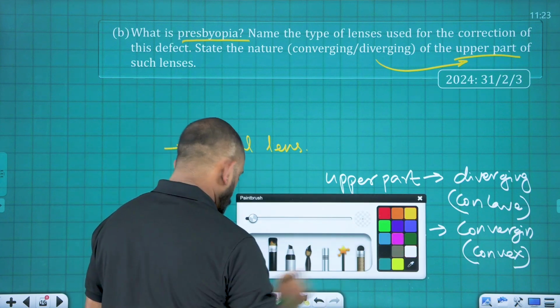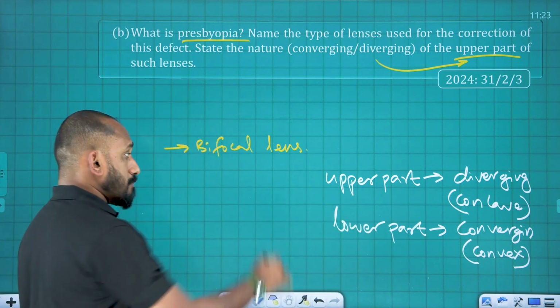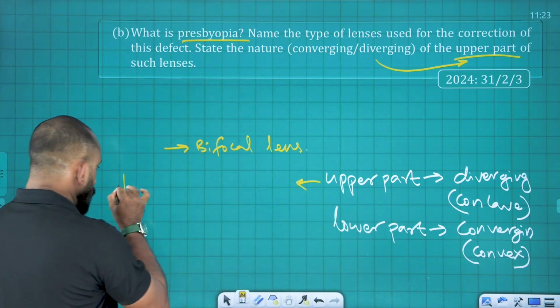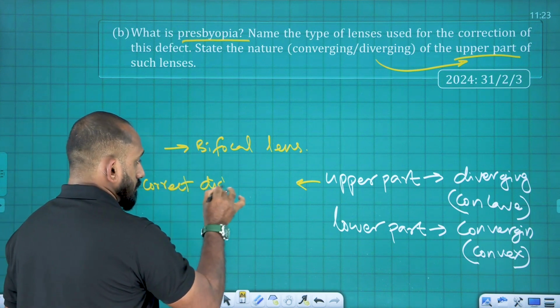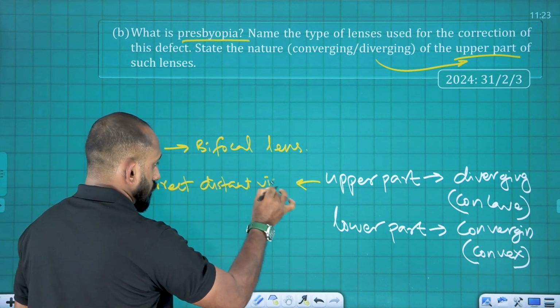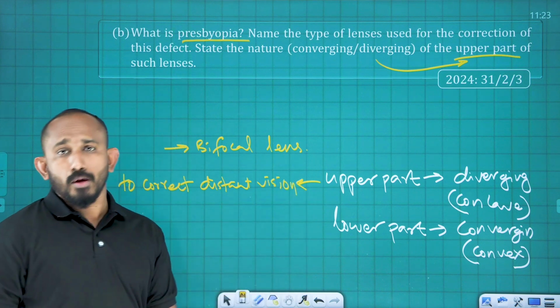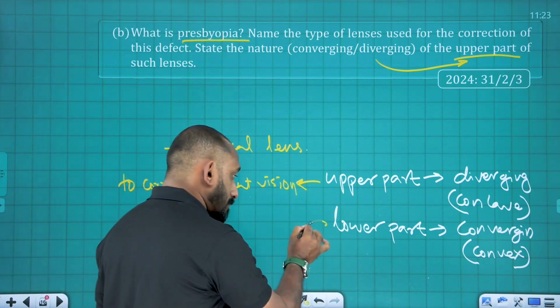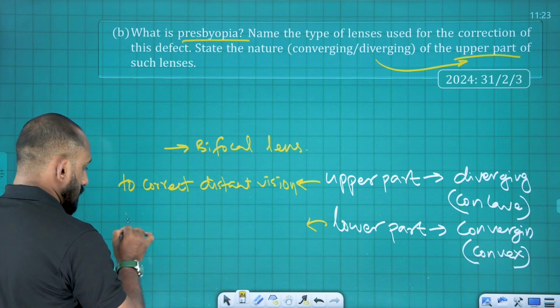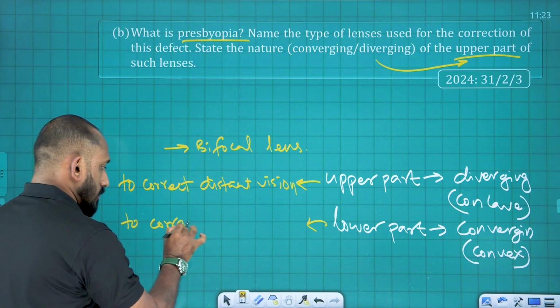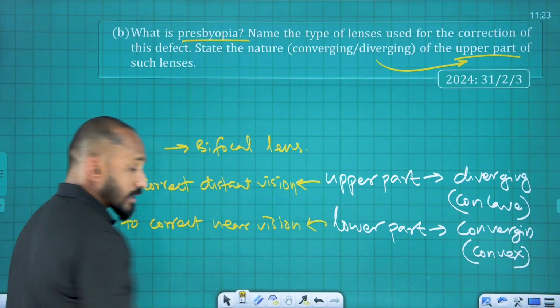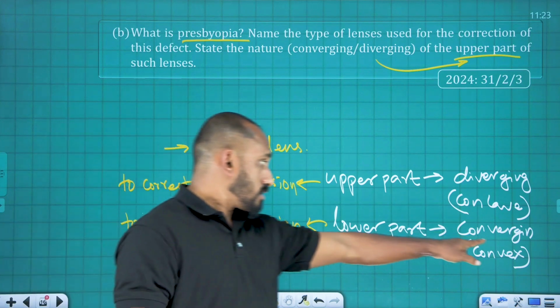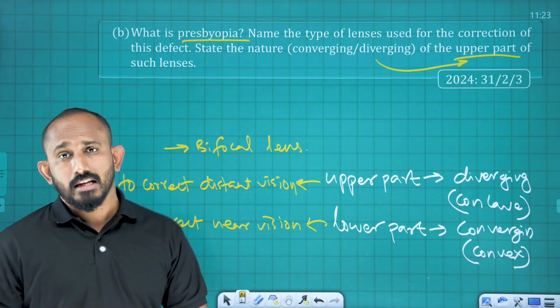So here, if you distinguish the difference, the upper part is to correct distant vision, means myopia. And the lower part is to correct the near vision. To correct near vision, you have to use a converging or convex lens.